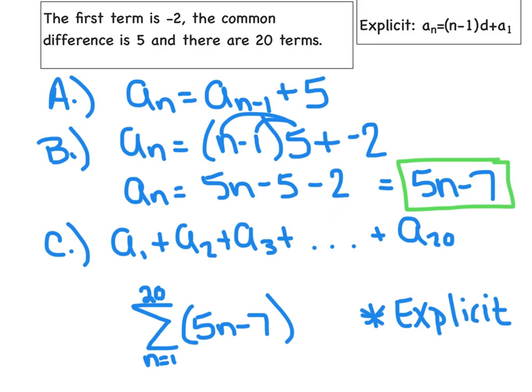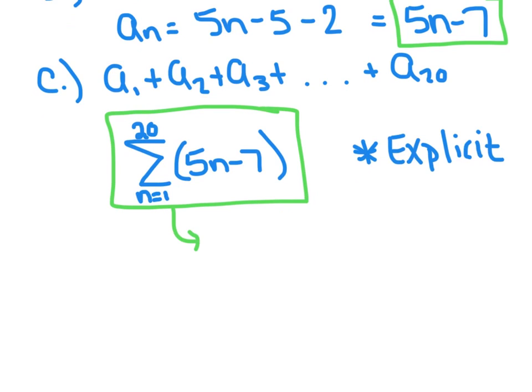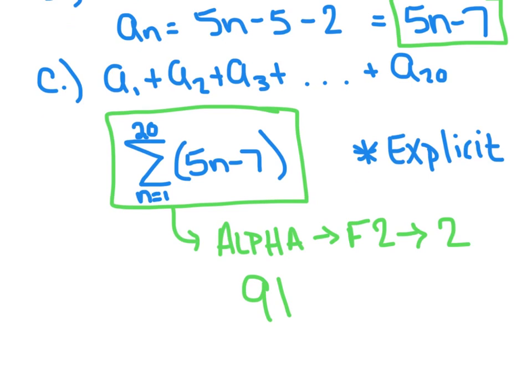Now from there, it's all about the calculator for me. I enter this by first hitting the alpha button, and then above that there's the F2 button, and from that menu we're looking for the second option. I'm going to type everything in terms of x, even though on my paper it looks like n's. And for the sum, I got 910.